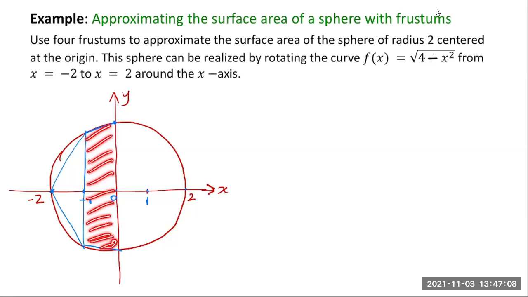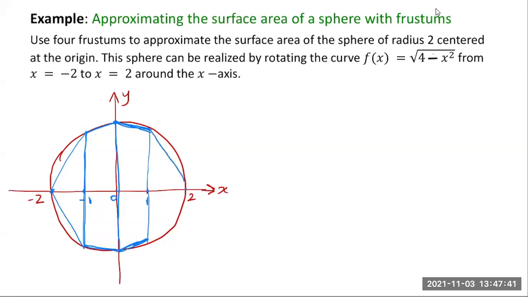I'm going to approximate the surface area of your sphere in this particular interval by the surface area of this frustum. That's a good approximation, right? You can see that from the geometry of this figure. Likewise, I'm going to have 4 frustums. This is my second frustum. And here I have my third frustum. And here is my fourth frustum.